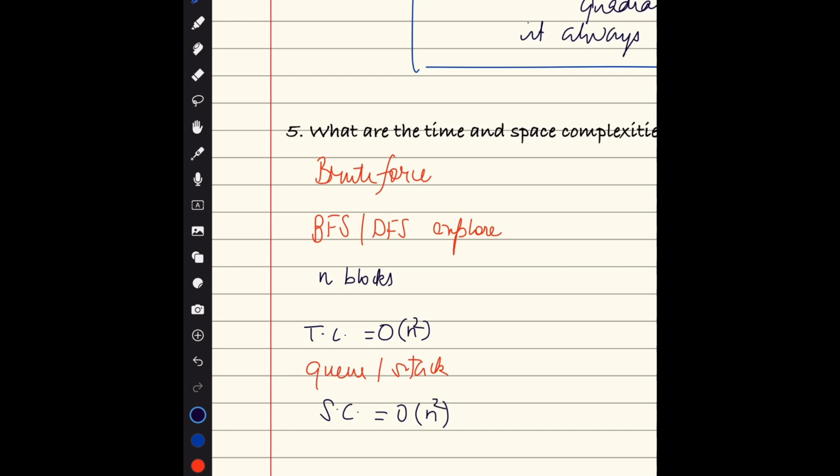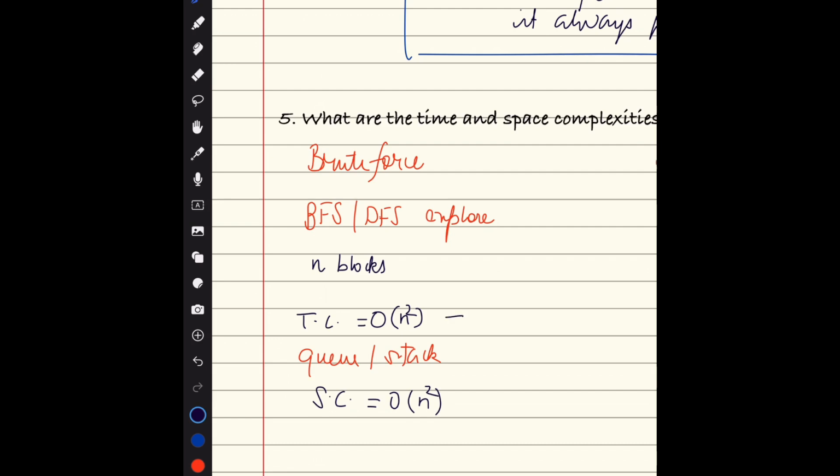The time complexity will be n square because you are traversing n rows and n columns, and similarly you are traversing the entire blocks you are storing in the queue, so you are getting a space complexity of order of n square as well. So if I say in actual numbers, it would be around 10 to the power 6, and similarly 10 to the power 6, because it is 10 to the power 3 square, and it is also 10 to the power 3 square.